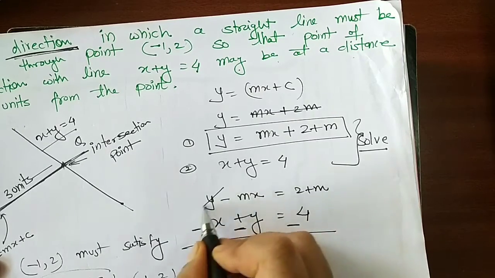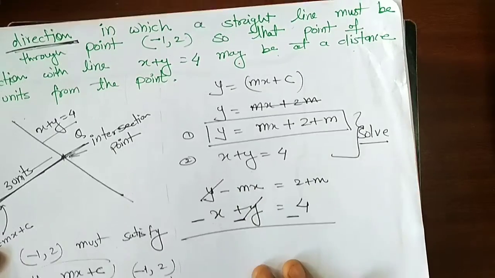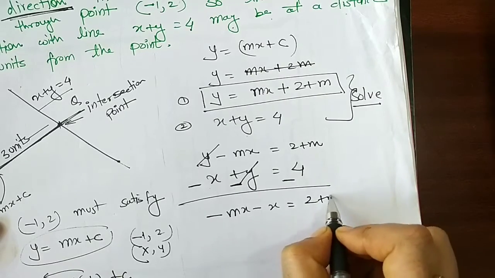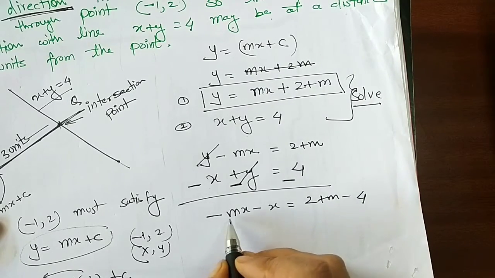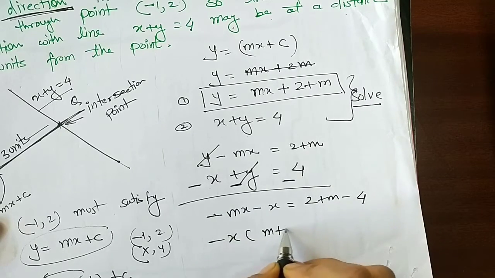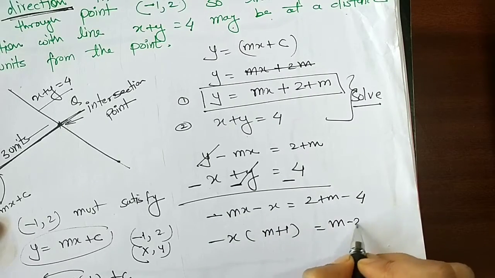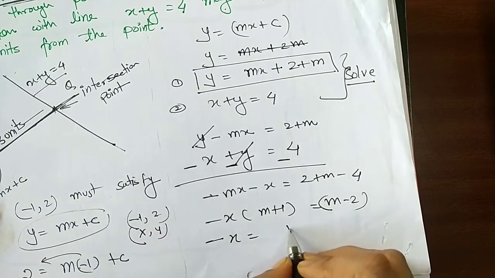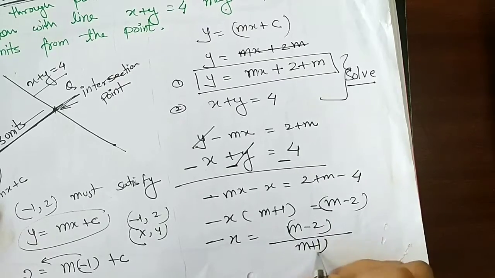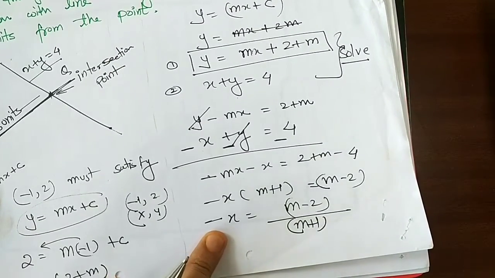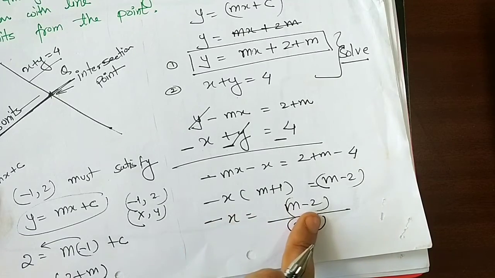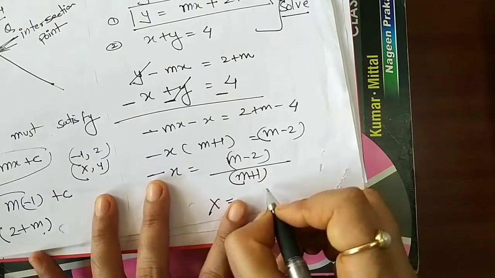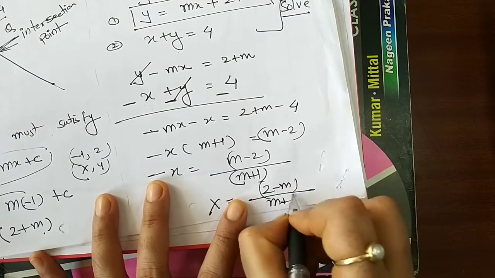If I subtract, y will cancel and I will get minus mx minus x is 2 plus m minus 4, which is minus x common, m plus 1, into m minus 2. So minus x is m minus 2 by m plus 1. This minus sign goes to the other side, so x will become 2 minus m by m plus 1.